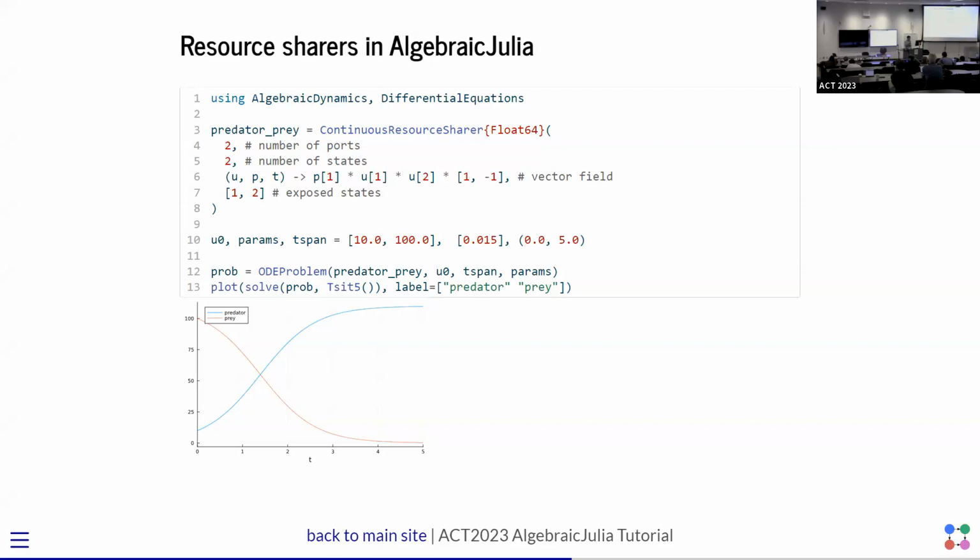And then the rest of this code is just showing how we can plug that into an ODE solver to see what the dynamics looks like. So here, because there's no birth or death process associated with this, we're just getting that the prey is eaten and the predator population is growing until both of those saturate.